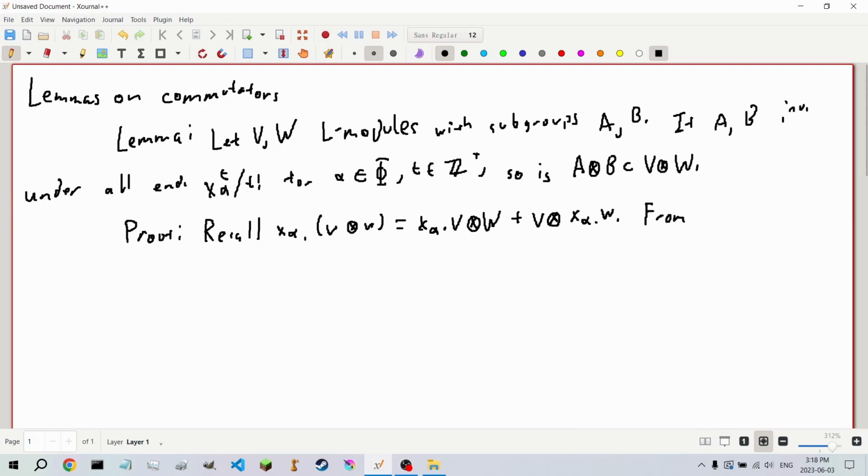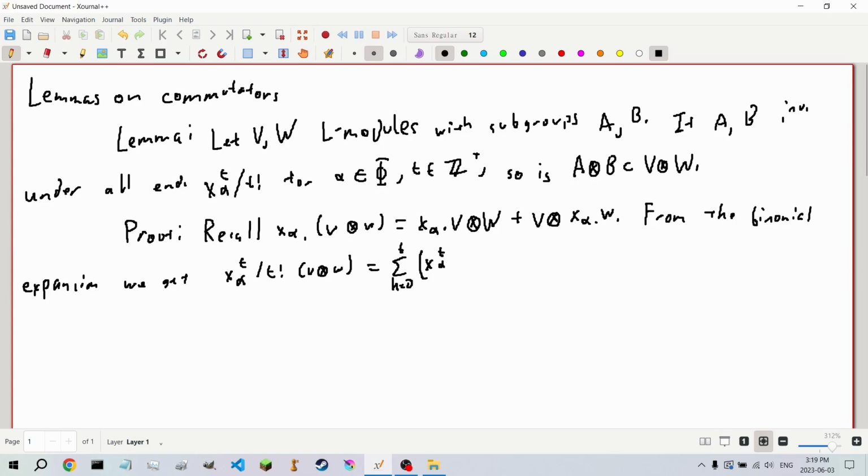Now, from the binomial expansion, we get that x alpha to the t over t factorial of V tensor W is the sum for k from 0 to t of x alpha to the k over k factorial acting on V tensored with, and this is our k, because this is just a binomial, right?